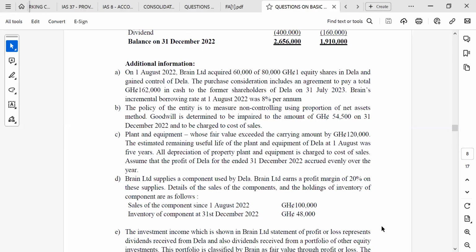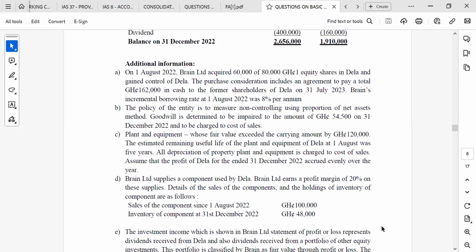Okay. You see, when we're using it for the net asset, we calculated something. I was trying to check whether part of the dividend has been paid out of the pre-acquisition profits, but I wasn't getting it. The question is not giving us any information about that, so you don't have to focus on that particular side.